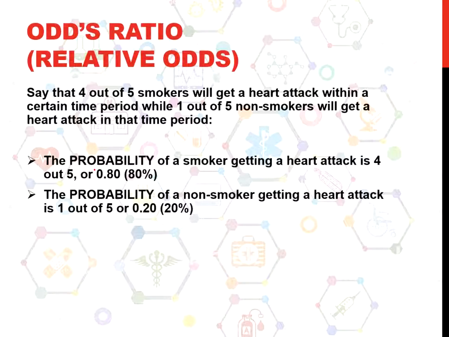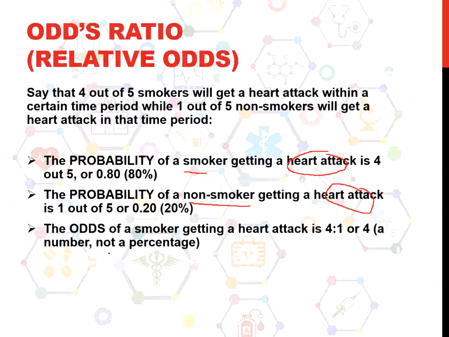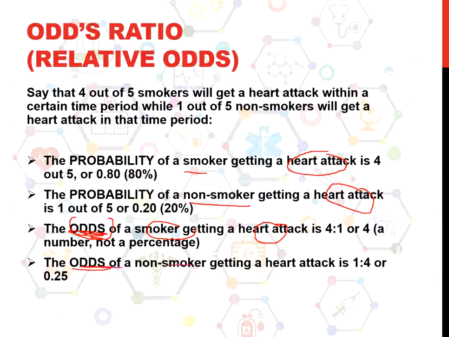Tuloy natin. So, isang probability ng smoker, probability ng non-smoker. Ito lahat is getting a heart attack. Dagdag natin yung kanina. Odds ng smoker magka-heart attack. So, tandaan odds ha? Odds. Then, yung odds ng non-smoker to get, again, a heart attack. So, meron tayong 4 data.